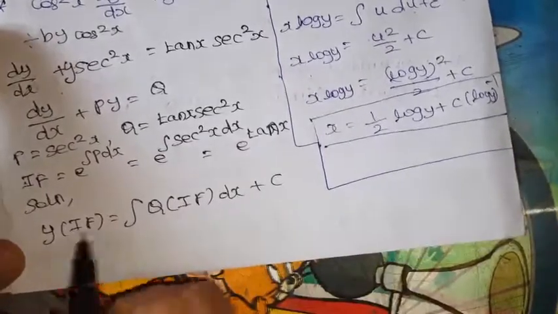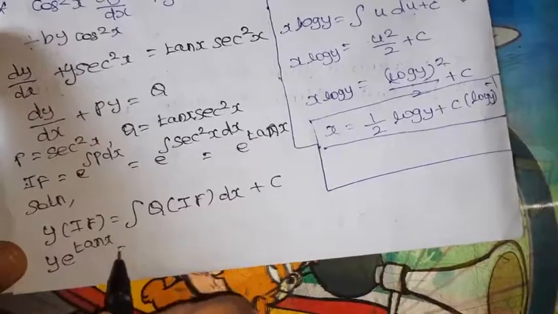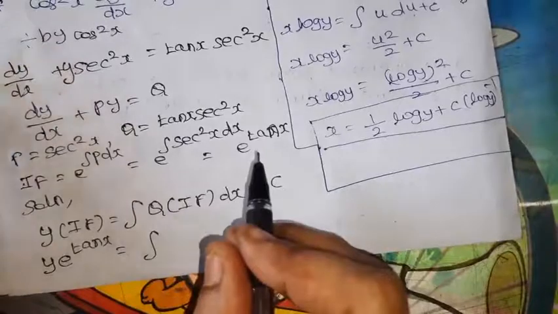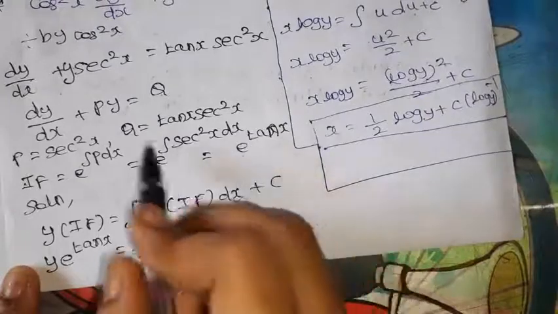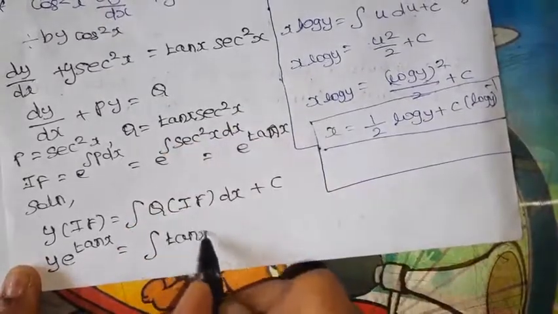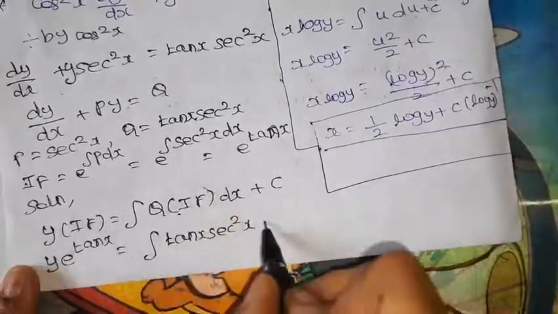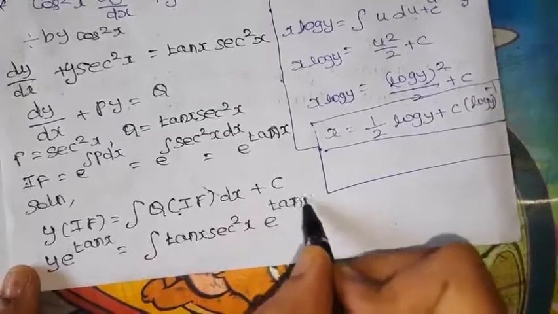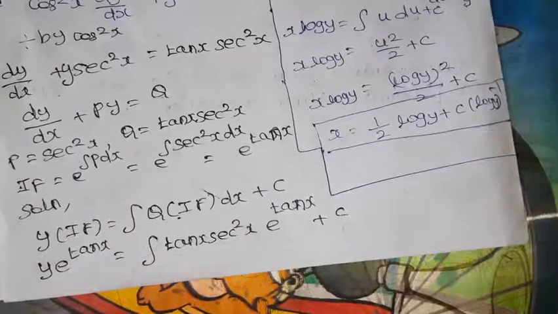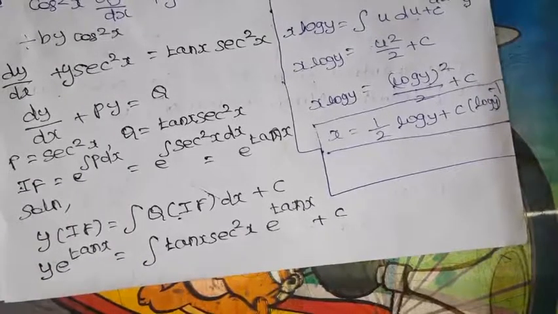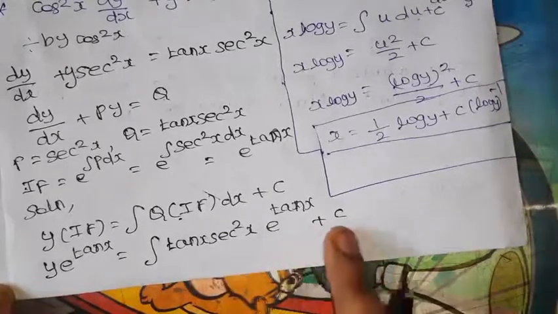So y into e power tan x equals the integral of q, which is tan x secant squared x, into the integrating factor e power tan x, dx, plus c.